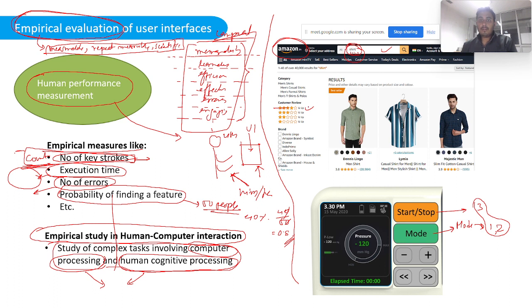Then he goes here and selects a particular filter, and then he selects something, and then he buys. So in all these keystrokes, you count the number of keystrokes and determine how much effort a particular action will need to select one particular item from a menu.